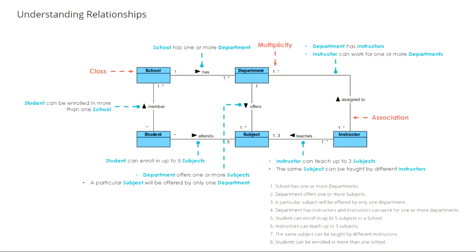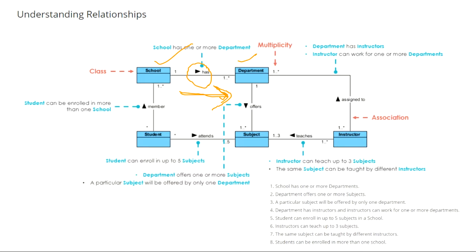Because you have shown that the relationship, the link or the association between the school class and the department class is from left to right only. Whatever data flow there is will be from left to right only. So it doesn't make sense to read it from here to here.